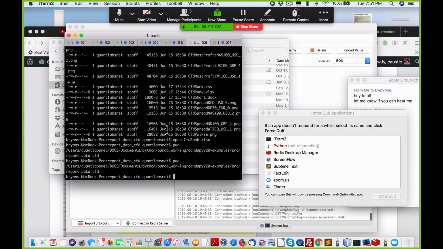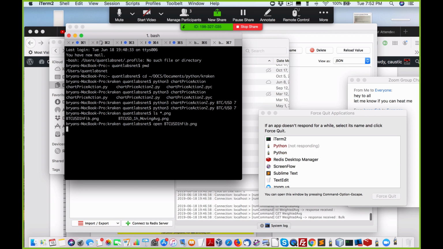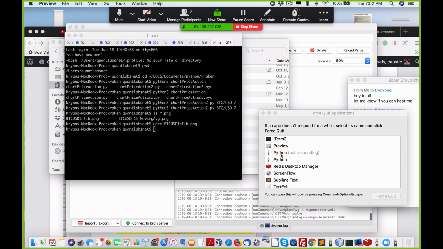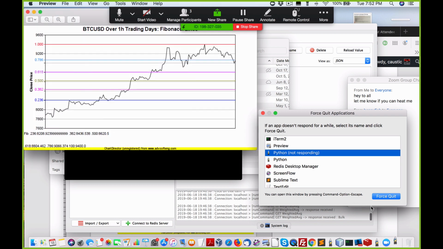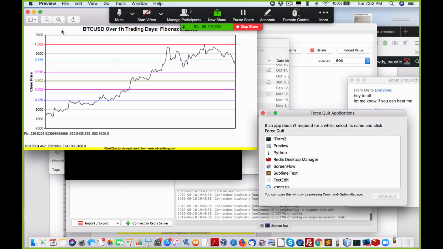Okay. Okay, so hopefully I've generated some new charts here. So I am going to show you Bitcoin USD, hourly Fibonacci. Let's see if this will work. I'll kill this strategy. The running of this is not worth it.